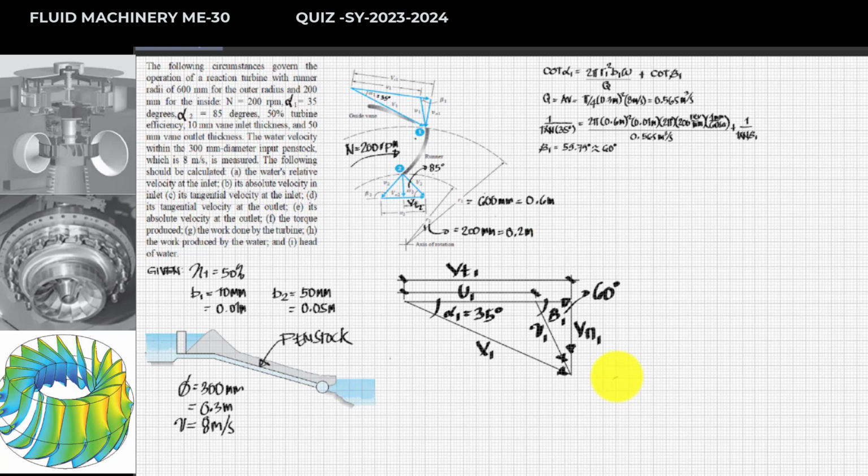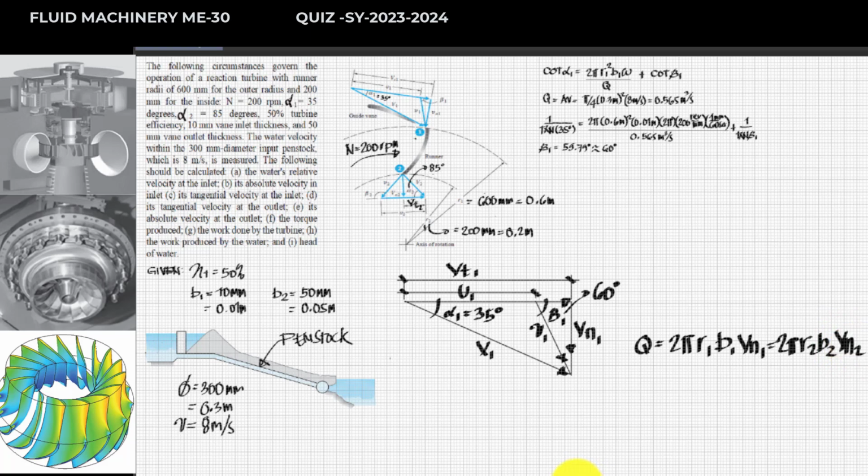we have this equation that my volume flow rate, which is inside or on the turbine, can be expressed as the equation of 2 phi radius 1, thickness of the vane, and the normal velocity 1, and this is also equal to 2 phi radius 2, thickness of the vane 2, and we have the normal velocity 2.